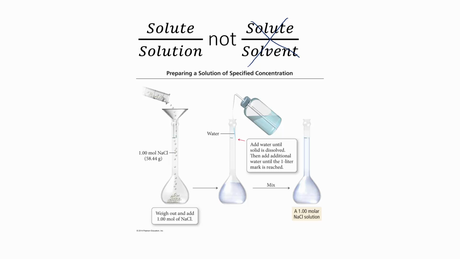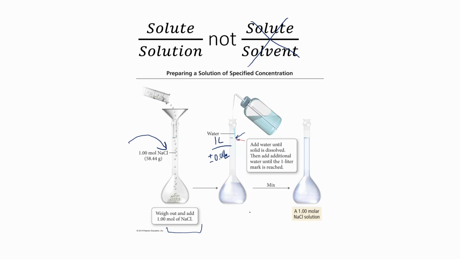I can't just add a liter of water to 1 mole of solid and get a 1 molar solution. I'll actually end up with more volume than a liter if I combine those two things together. So how do I get a 1 molar solution? Well, the direct way is I take a flask, like a volumetric flask, which is a very precise flask for measuring liquid volumes, and I add in enough salt, sodium chloride, to give me 1 mole of that sodium chloride, and then I add water and dissolve, and I add until I get to this little mark up here, and that mark indicates exactly 1 liter, usually plus or minus 0.01 liters.